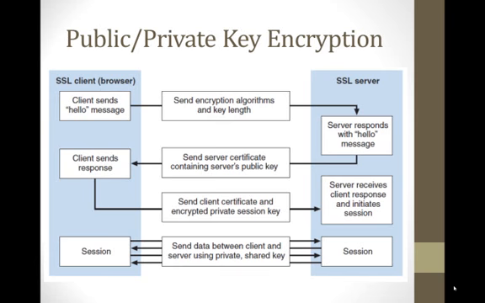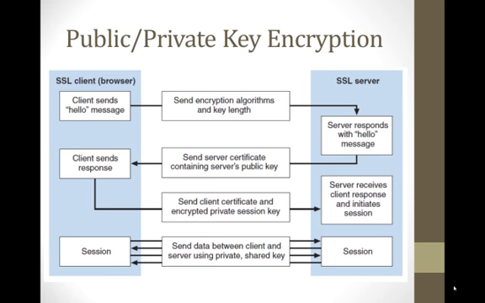So now I have their key. The client responds, so my computer sends another message back saying send client certificate and encrypted private session key. And then the server receives the client response and initiates the session.